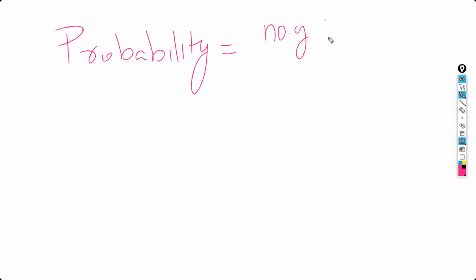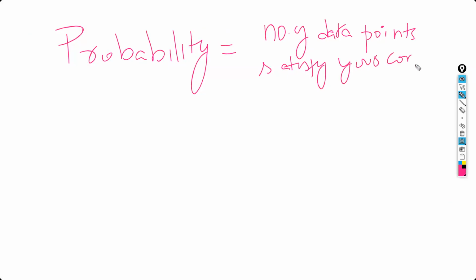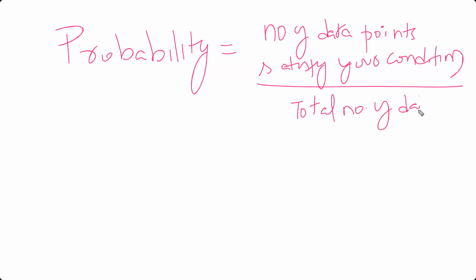Now, what is the formula for probability? It is equal to the number of data points that satisfy your condition, divided by the total number of data points. Data points or records, whatever it is.